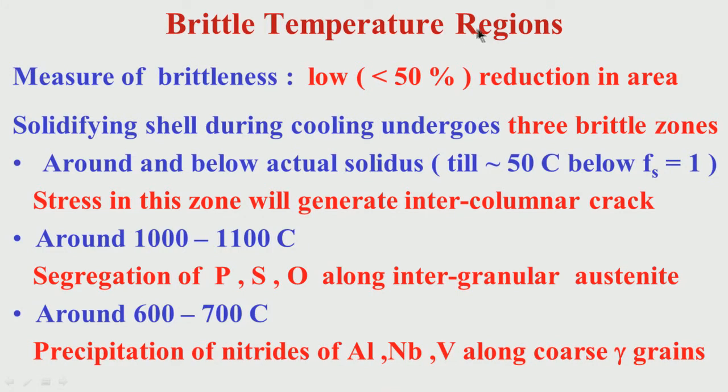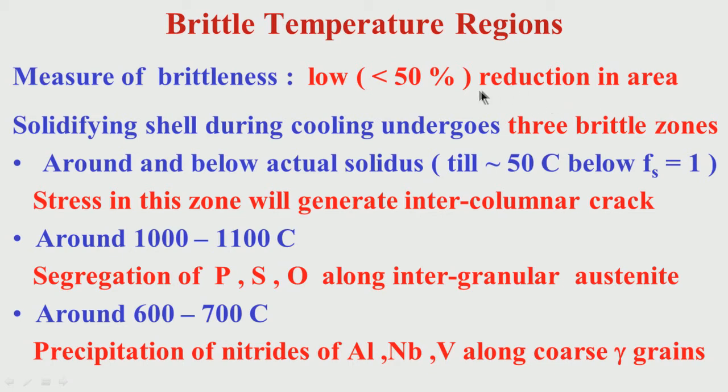Now, when we are talking of brittle temperature region, what do we mean by brittle? What is the measure of brittleness? Brittleness basically indicates that the reduction in area, or the ductility of the solid shell, is relatively less. Now, what is the quantitative figure? What figure do we call brittle, and what figure do we call relatively less brittle, more ductile and more tough? Normally, 50% reduction in area is taken as the boundary between brittleness and toughness.